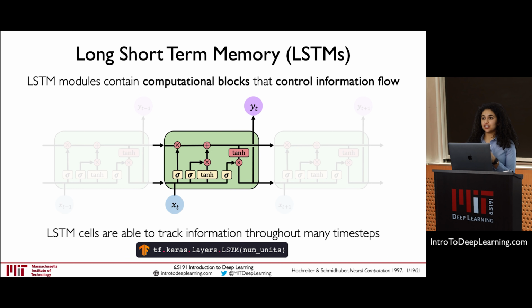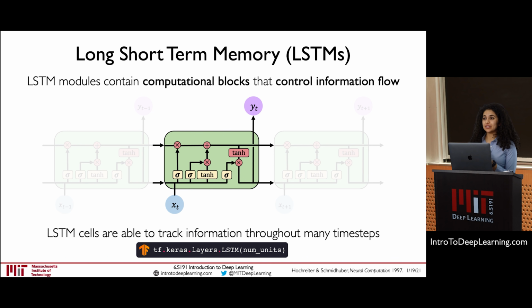LSTMs also have this chain-like structure, but the internal repeating module, that recurrent unit, is slightly more complex. In an LSTM, this repeating recurrent unit contains different interacting layers, which are defined by standard neural network operations like sigmoid and tanh nonlinear activation functions and weight matrix multiplications.